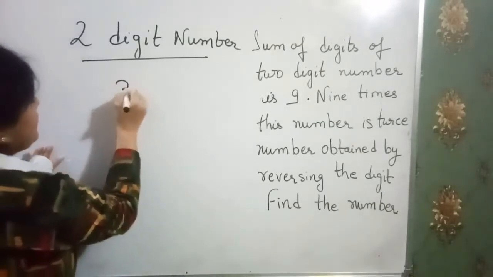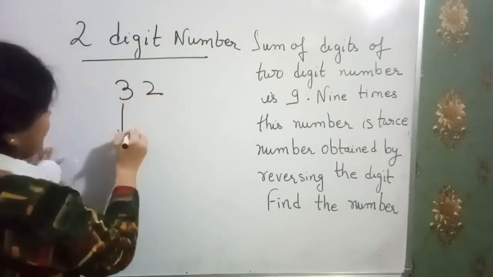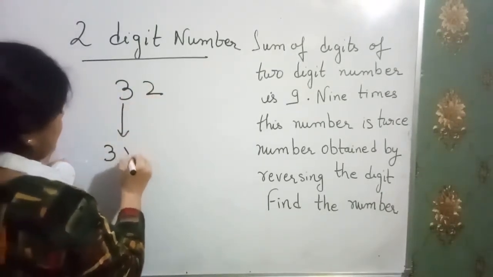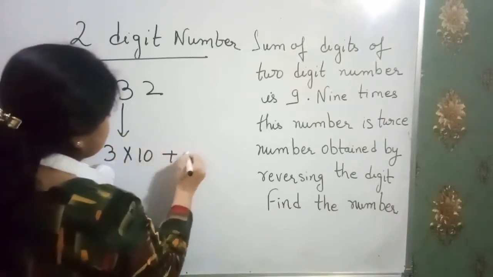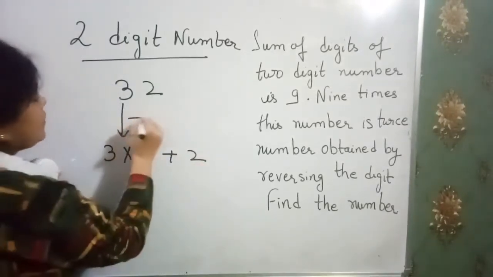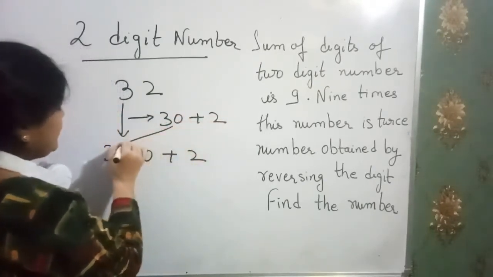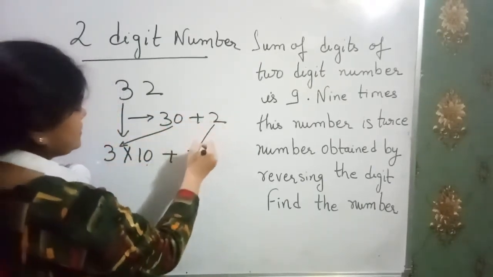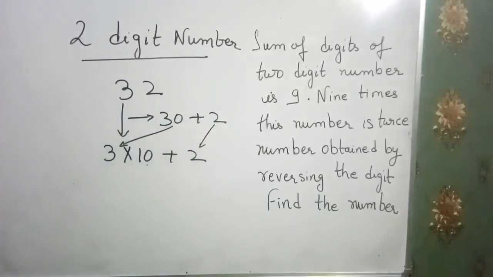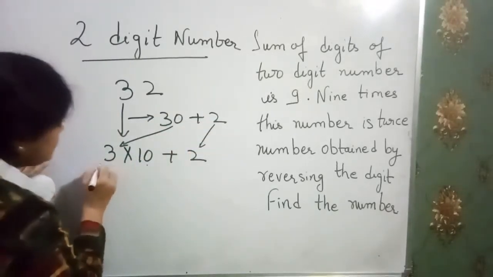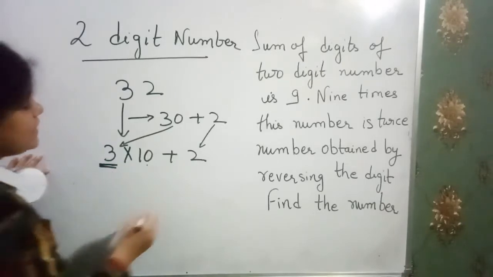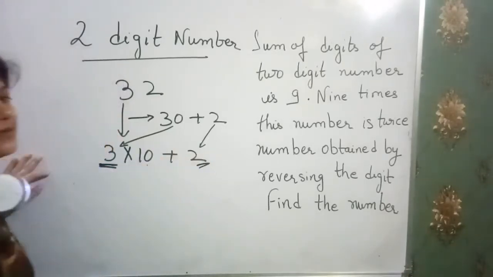For example, we have 32. We can write it in this way: 3 into 10 plus 2. Okay, because 32 can be written as 30 plus 2. Clear? So this is the first digit and this is the second digit.